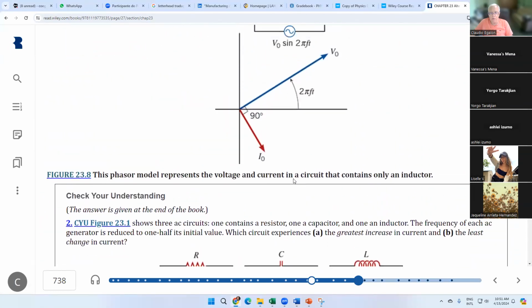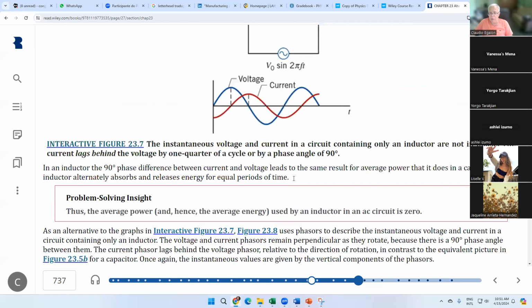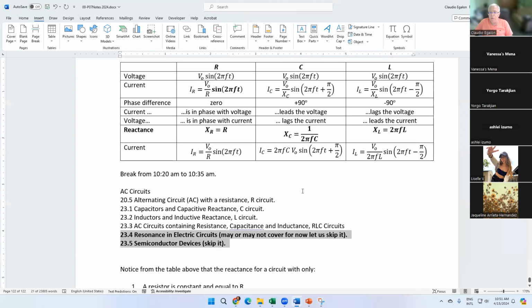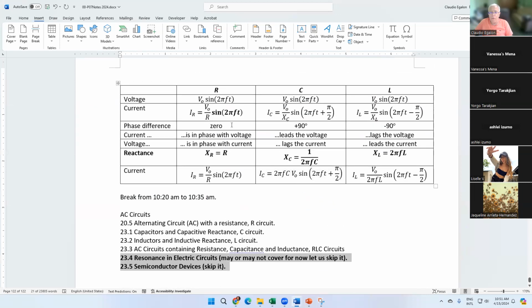And what else do we have here that the book covered that we didn't cover? This graph here is exactly a visualization of those two graphs here, right? Those two graphs are in phase. This graph is a 90-degree phase difference, and this graph is also a 90-degree phase difference.